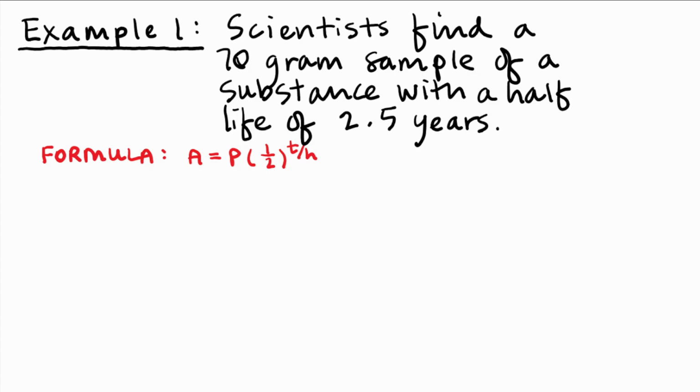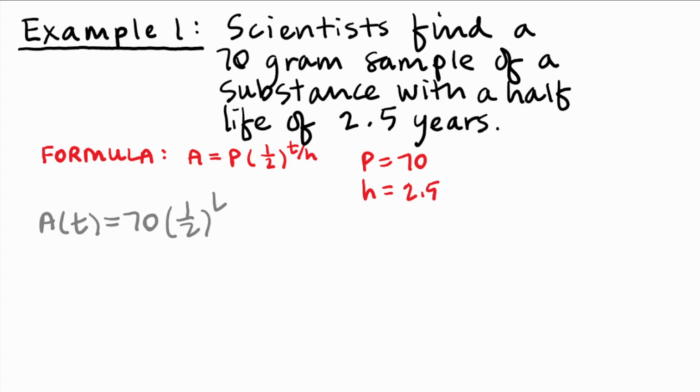This one's pretty direct. They find a 70-gram sample, so the starting amount P equals 70, and the half-life, which is H, equals 2.5. And so the formula for the amount of substance left after t years is A of t equals 70 times 1/2 to the t over 2.5.